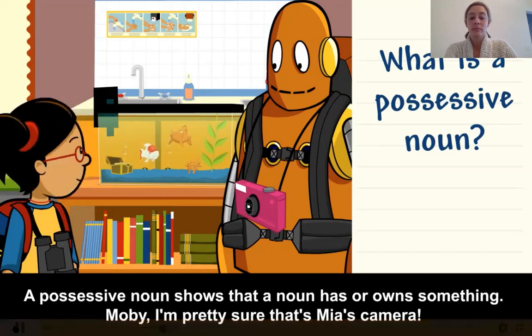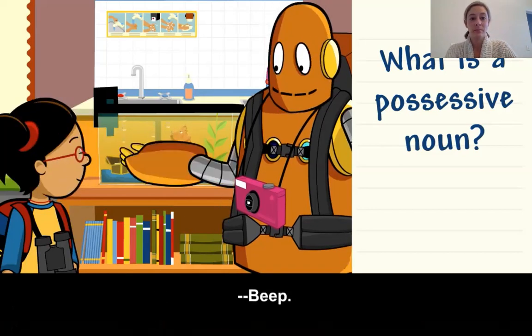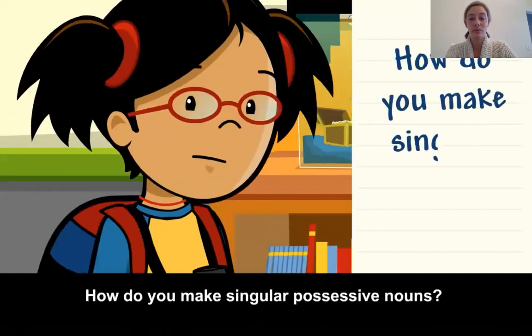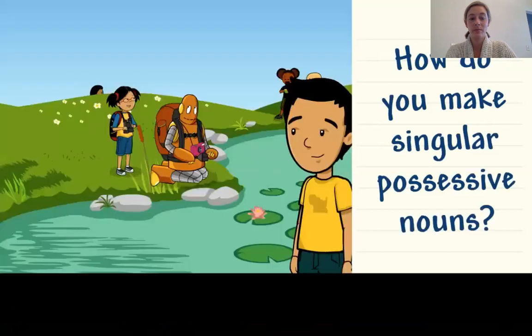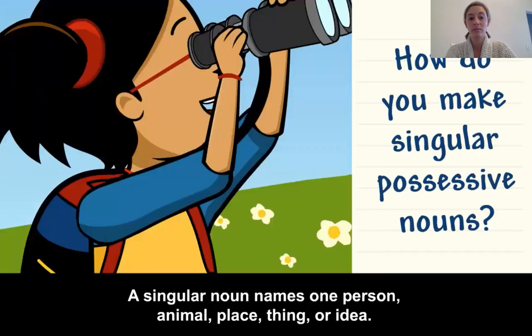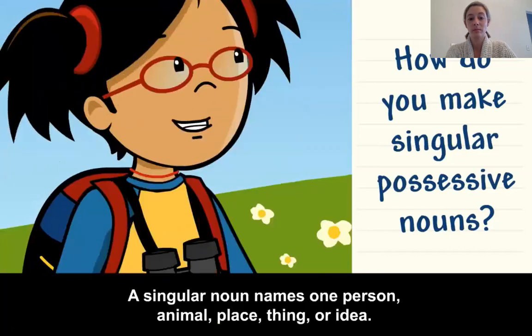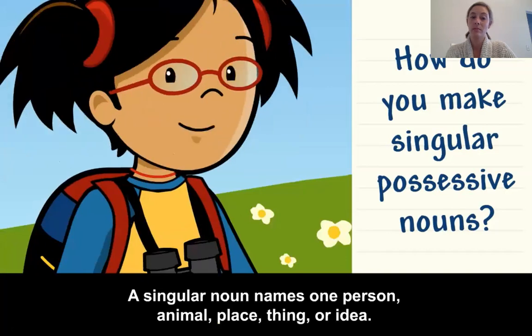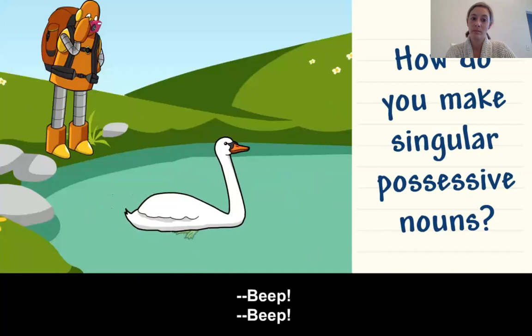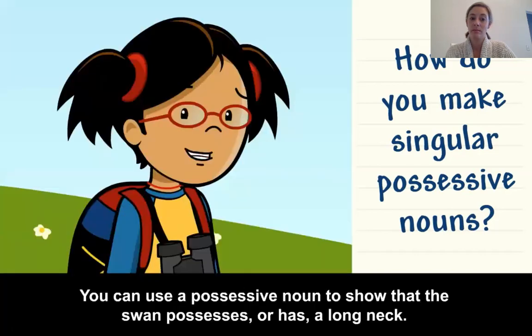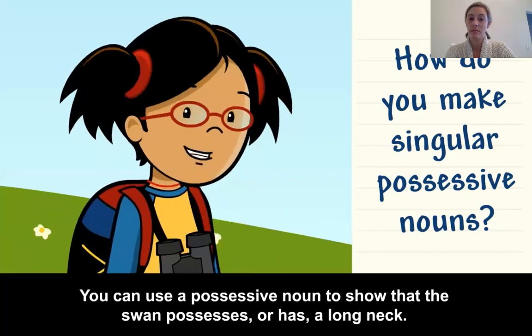Moby, I'm pretty sure that's Mia's camera. How do you make singular possessive nouns? A singular noun names one person, animal, place, thing, or idea. The swan has a long neck. You can use a possessive noun to show that the swan possesses or has a long neck.